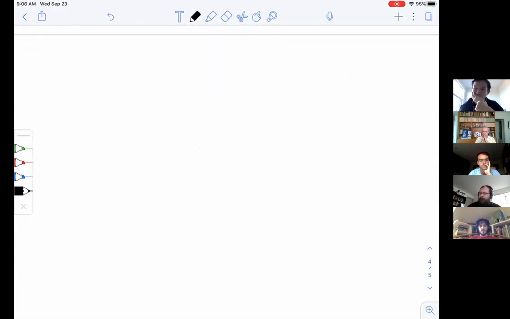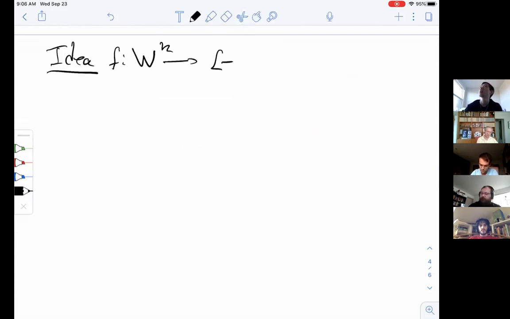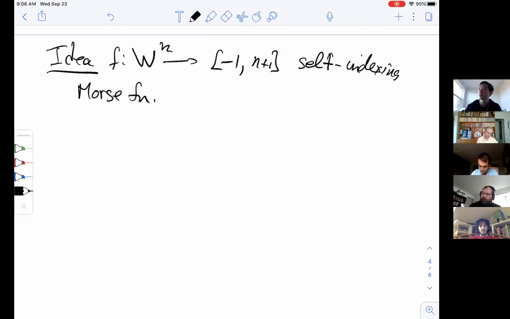Okay. The overarching idea of the proof is we start with our H-cobordism W, of dimension n. We choose a Morse function, which in fact is a self-indexing Morse function, which we showed last time always exists.